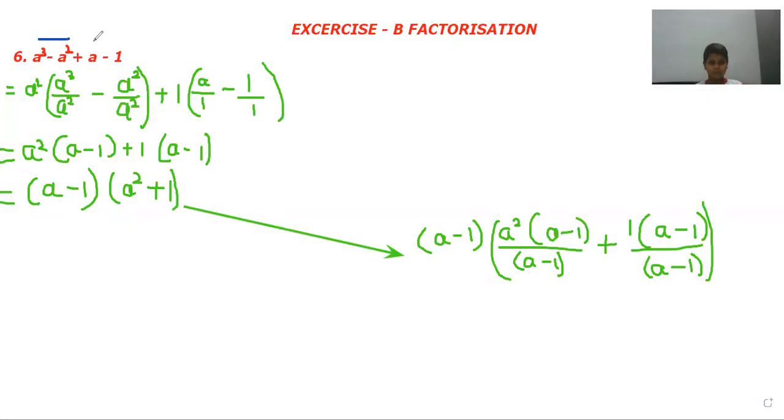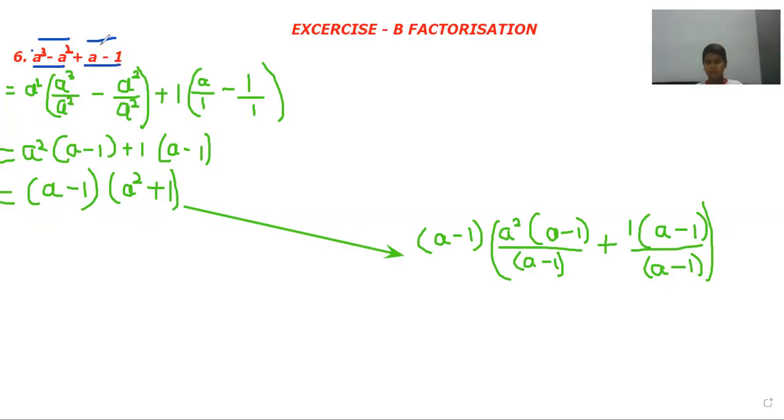So there are two terms, right? In these two terms, first, which is common? Of course, a is common. So we keep it as a square, because a square is smaller than a cube.